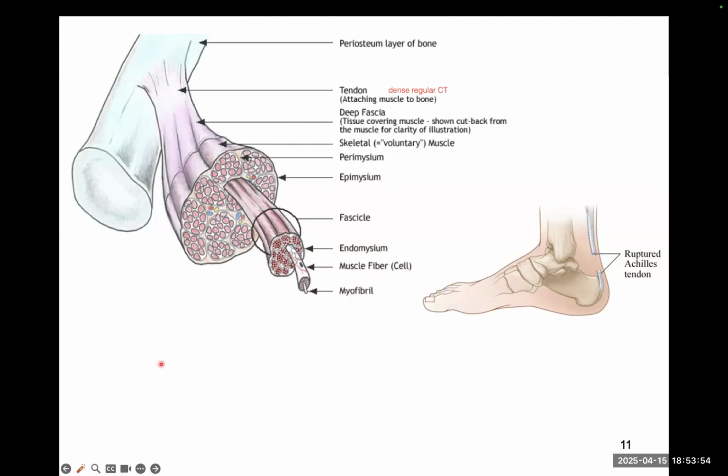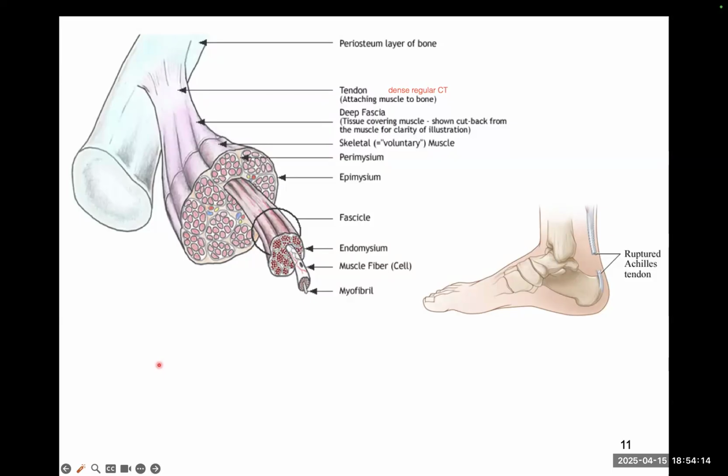Dense irregular CT will be found in the muscle covering, and also in the skin, but dense regular CT is going to be making up the tendons, and then the ligaments and the epineurium. So that's going to integrate into the periosteum.